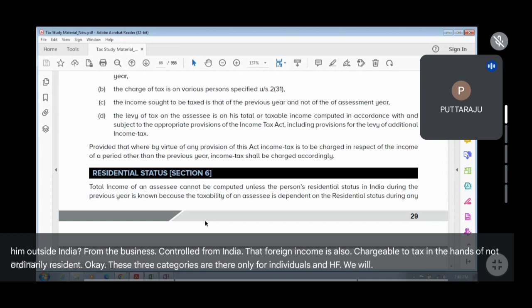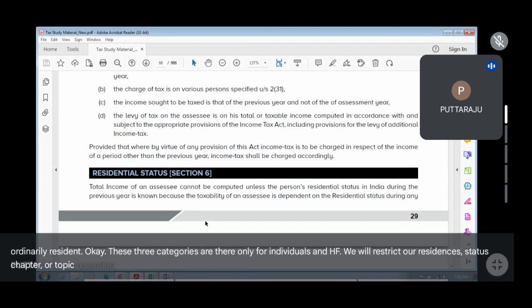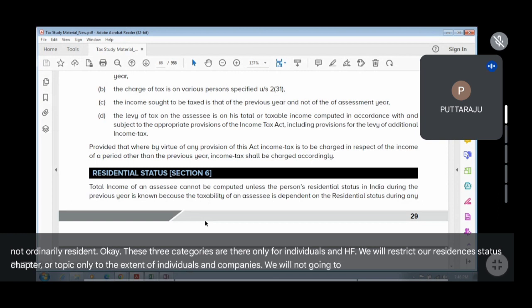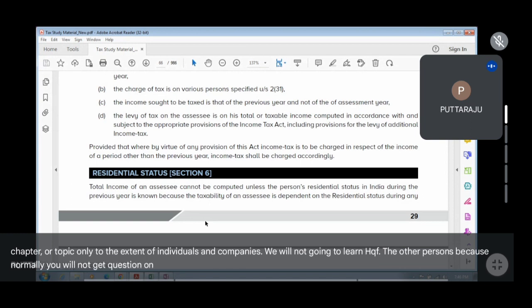We will restrict our residential status chapter only to the extent of individuals and companies. We will not learn HUF and the other persons, because normally you will not get questions on those things, only on individuals, and at times you will get a question on company. Hence I will restrict my lecture only to these two persons.